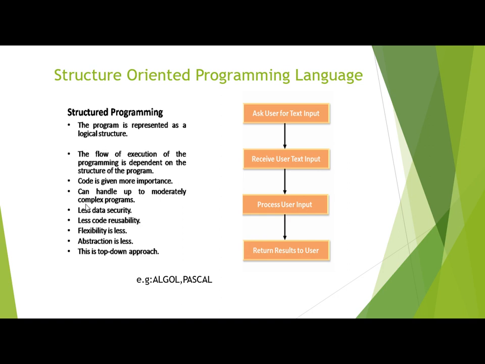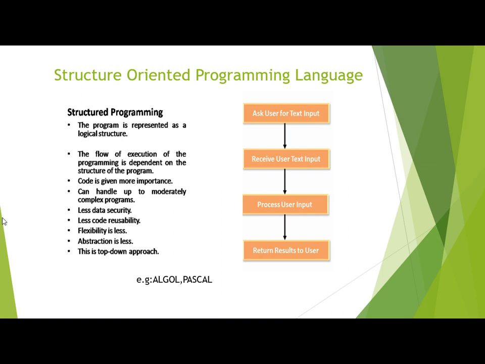This type of programming language provides less data security, and there is no feature of code reusability. You will study in object oriented programming language that if you write a set of code, that can be reused in the same program itself, but this feature is not allowed in structure oriented programming language.